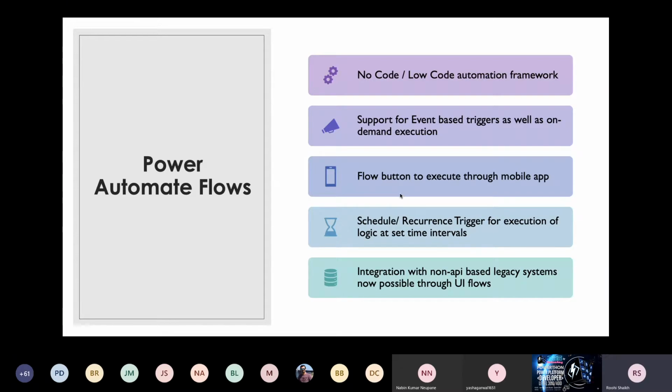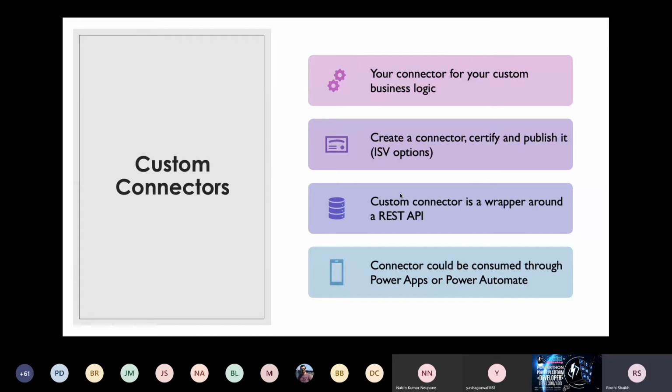The other option that we were talking about is custom connectors. Now, a core piece of your Power Automate Flow is a connector. So if you go on the Power Automate site, you will see that there are hundreds of connectors made available.